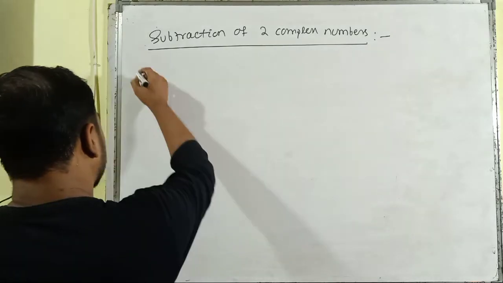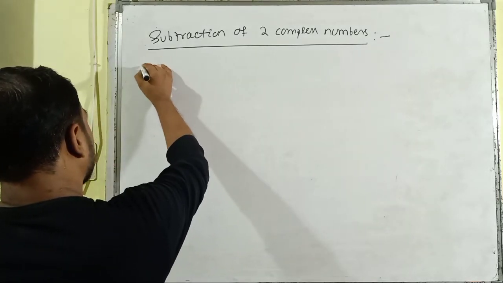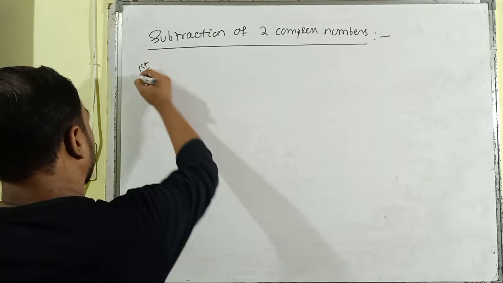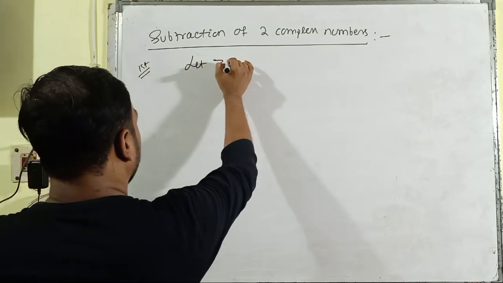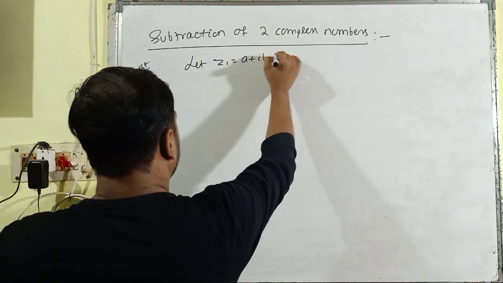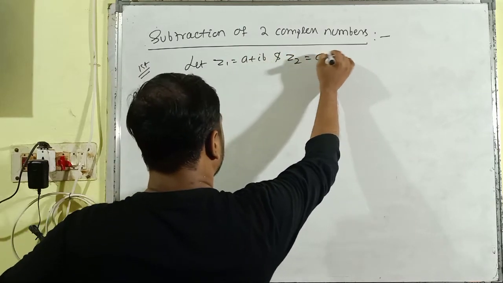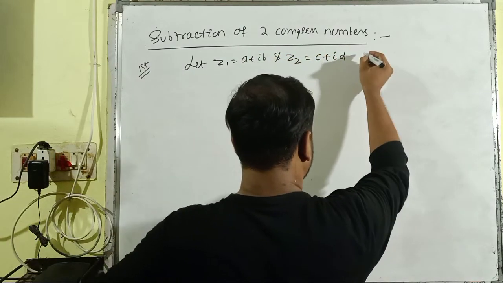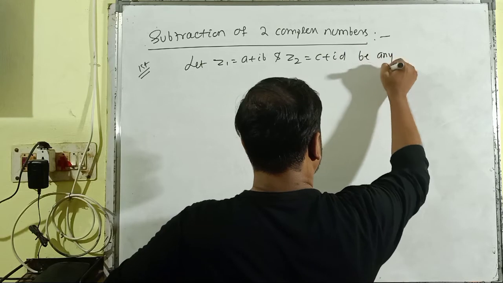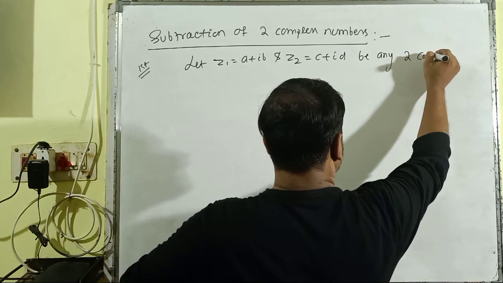The first method is, let z1 is equal to a plus ib and z2 is equal to c plus id be any two complex numbers.